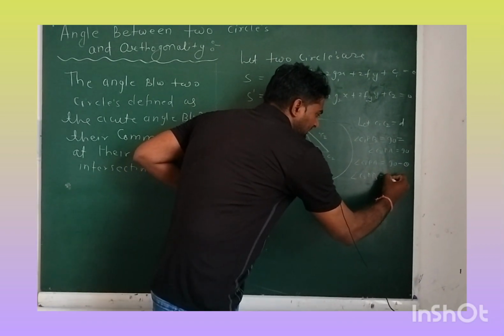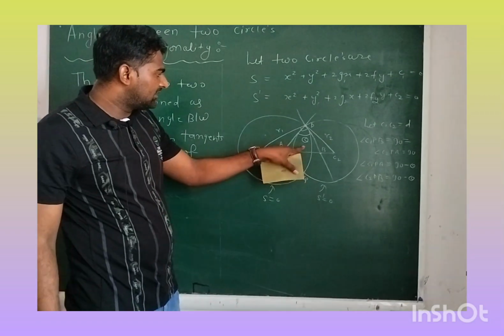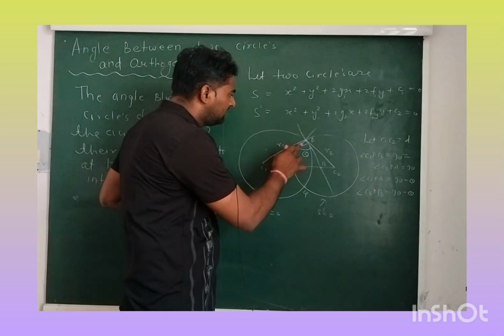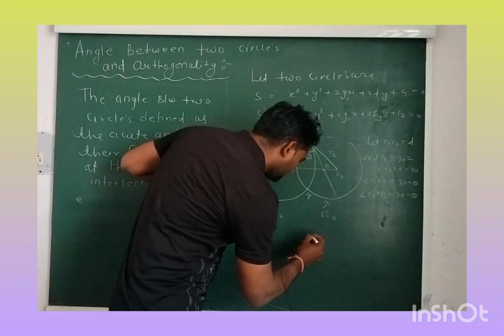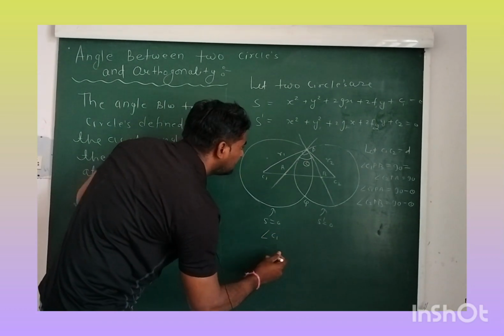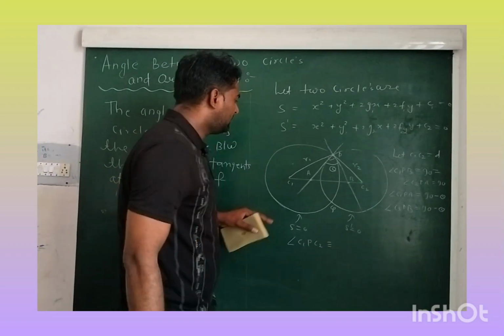C2PB is also 90 minus theta. Now we want this angle theta. So if you see here, the total angle C1PC2. So how much is this one?